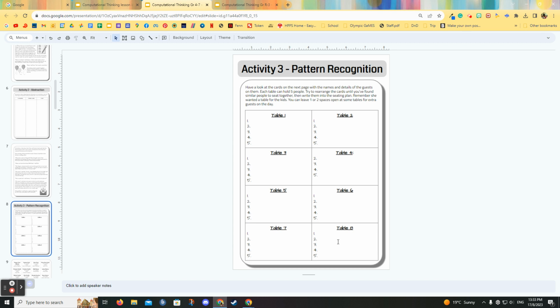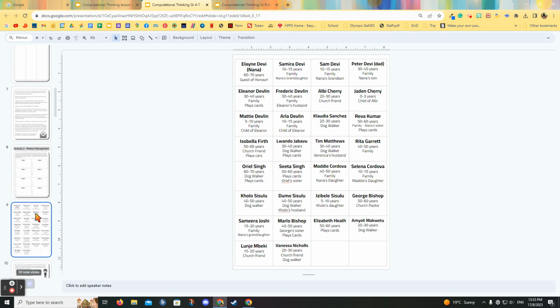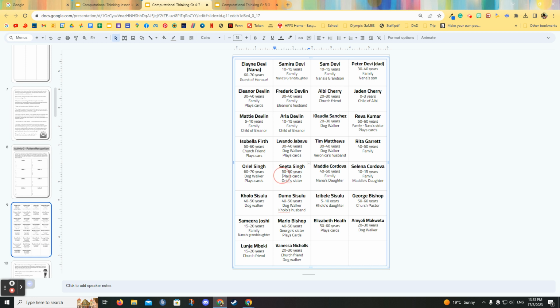So over here there are 8 tables that they have to plan for, and we said you can leave 1 or 2 spaces open at some tables for extra guests on the day. And over here is all the information about the different members of the family, the age group they fall into, what they enjoy doing, and who they are related to.